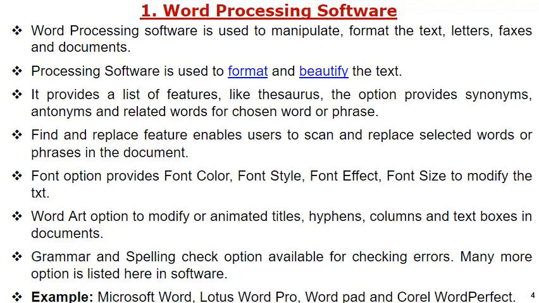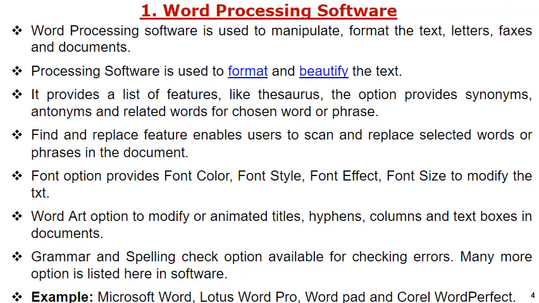It provides a list of features like thesaurus. An important feature is the option that provides synonyms, antonyms and related words for chosen words and phrases. So many features are there, in which one of the most interesting features is called thesaurus. Thesaurus means a collection of words.